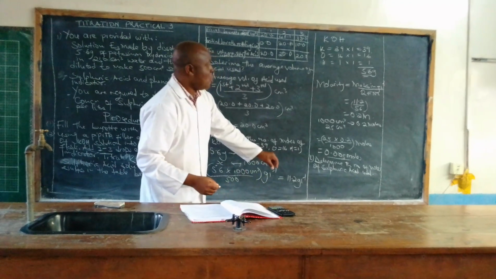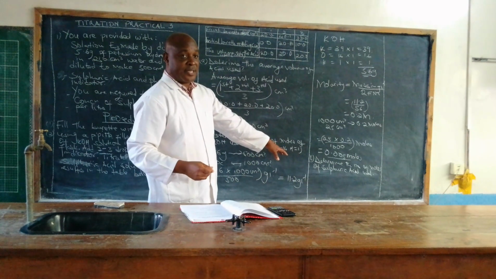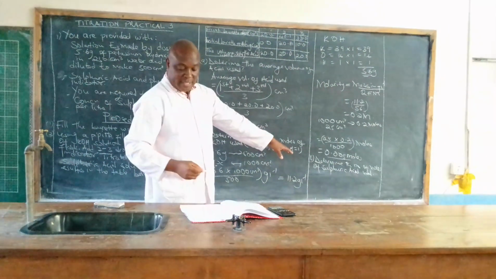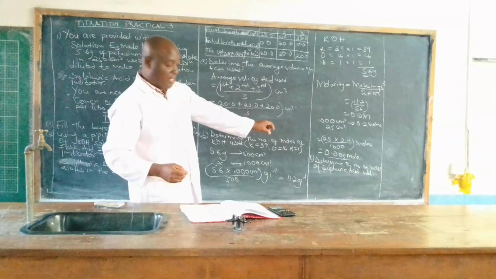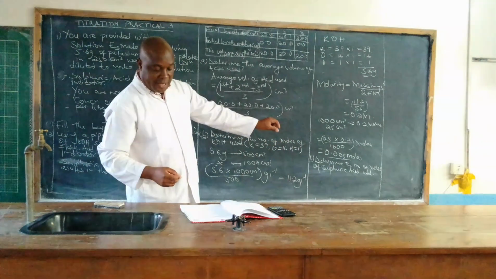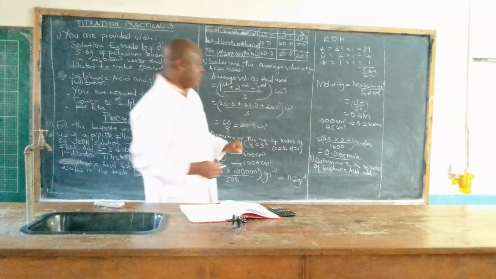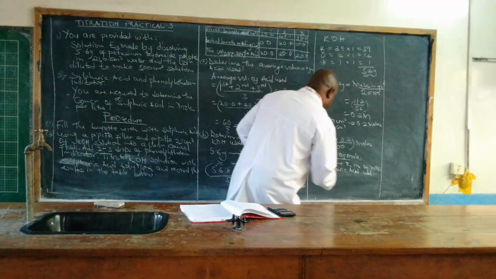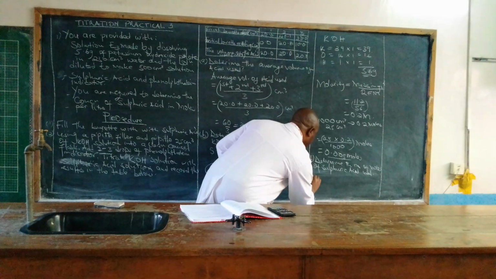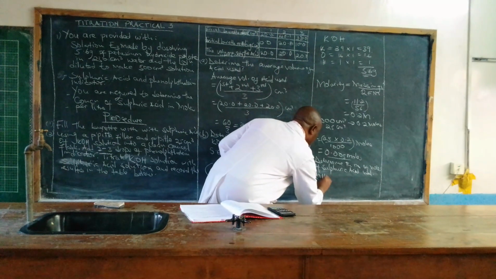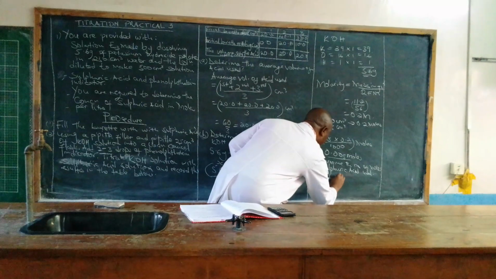So in this case, we must write the chemical equation first, so that it can direct us to get the accurate result. So we will say potassium hydroxide plus sulfuric acid.